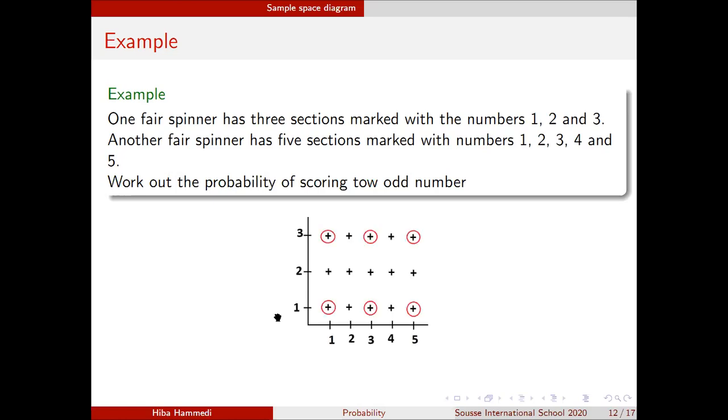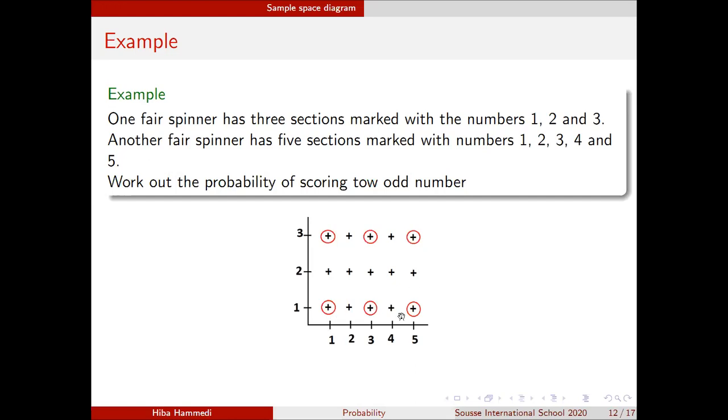So I need to focus on, if I have 1 from the first spinner, I can get 1, 3, or 5 from the second spinner. So these 3 are possible outcomes when having 1 from the first spinner. If I have 3 from the first spinner, I can get 1, 3, or 5 from the second spinner.